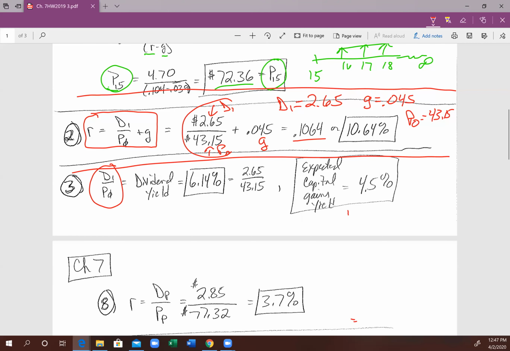So this right here is the dividend yield. Okay. So the dividend yield is just the 2.65 divided by 43.15. The expected capital gains yield is just the growth rate at which the dividends are expected to grow, the constant growth rate.